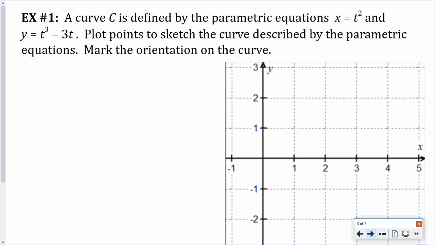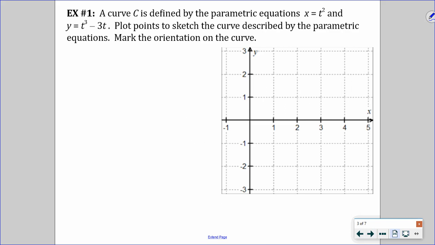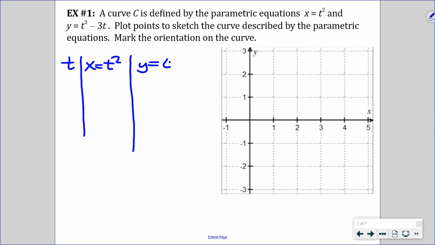We need to have a column for t for time, a column for x, which equals t squared, and a column for y, which equals t cubed minus 3t. Then we're just going to plug in some values for t, so I'm going to keep it simple, 0, 1, 2. We plug into both equations, and that gives us an ordered pair to plot on the coordinate plane.